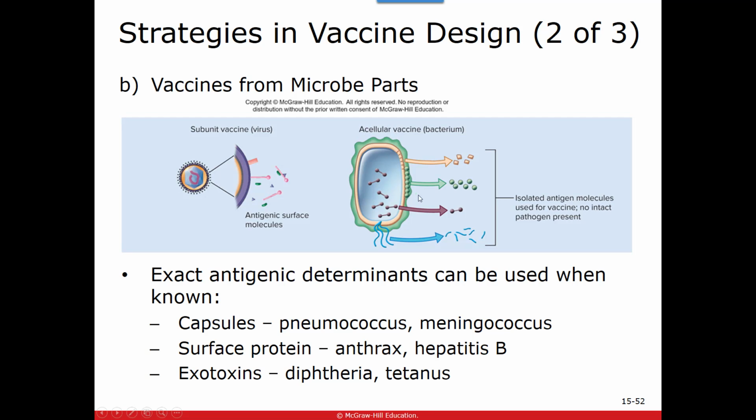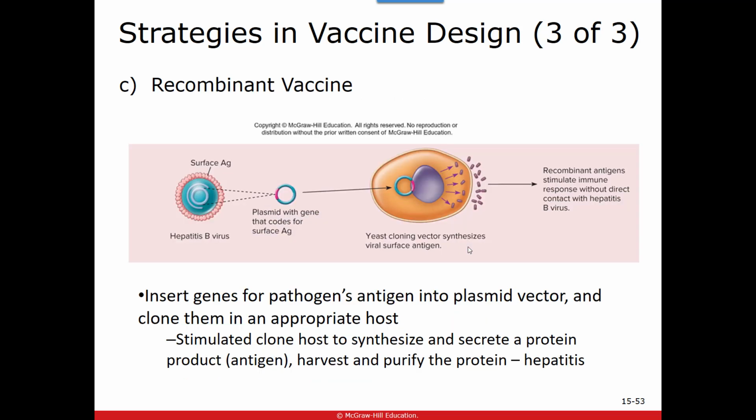Now, we can also start to make our own vaccines to do whatever we want. We can use other cells to make vaccines. This is the hepatitis B virus. We know there's a little piece of DNA in there that codes for a particular surface antigen that this virus has. Well, we can snip out that little bit of DNA, put it in a plasmid, and put it in another type of cell, like a yeast cell, which is really easy to grow in a lab.